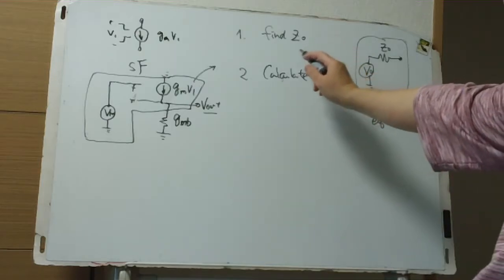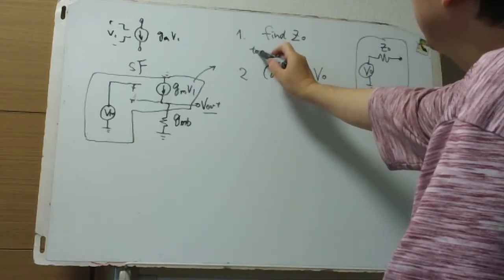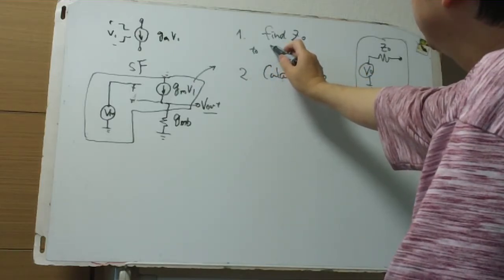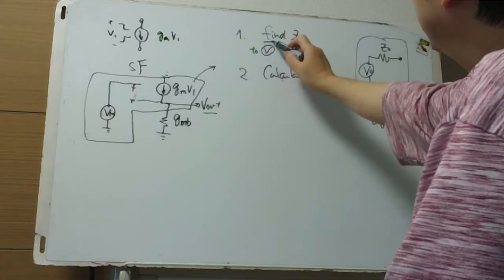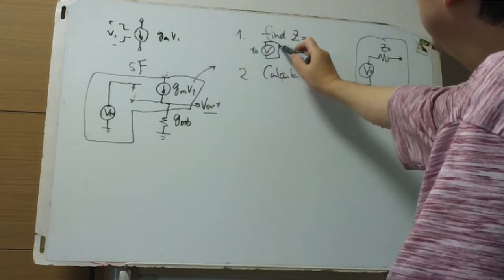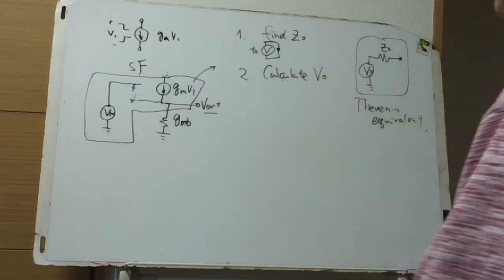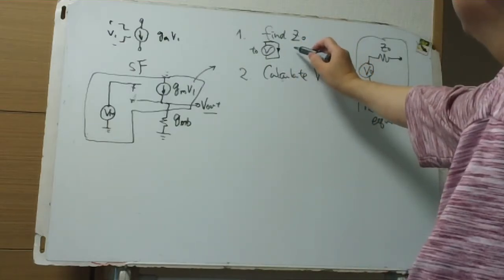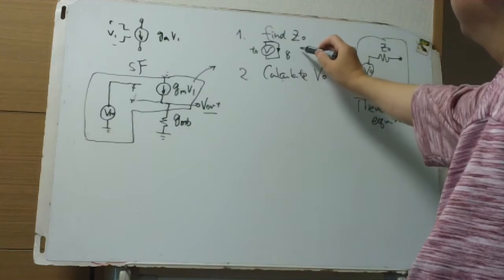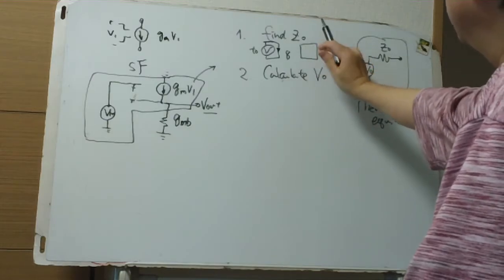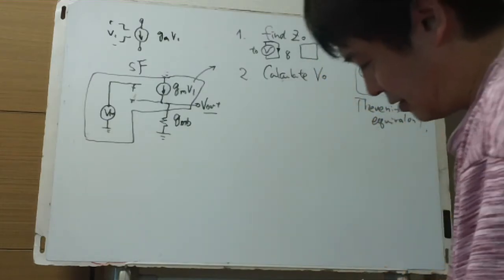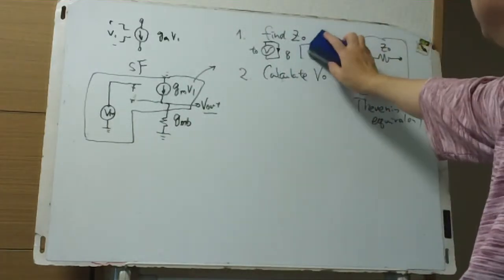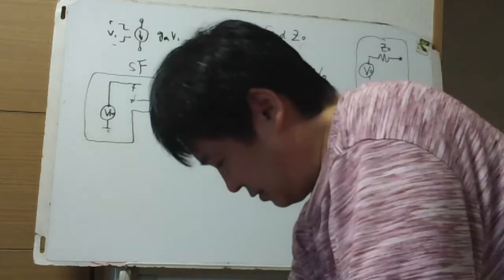Finding ZO needs to short V to ground, open all current sources applied.